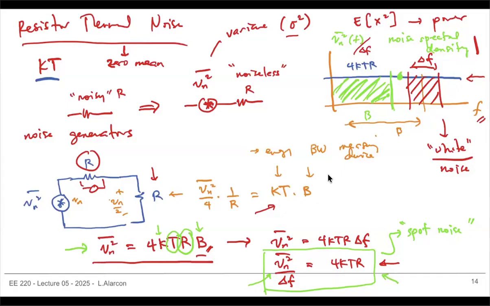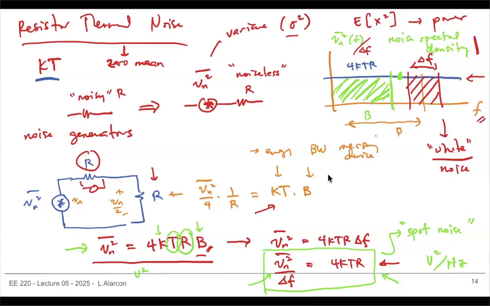So let's be clear: the unit of Vn squared is volt squared. The unit of spot noise is volt squared per hertz. So to get total power, you multiply that with the bandwidth.